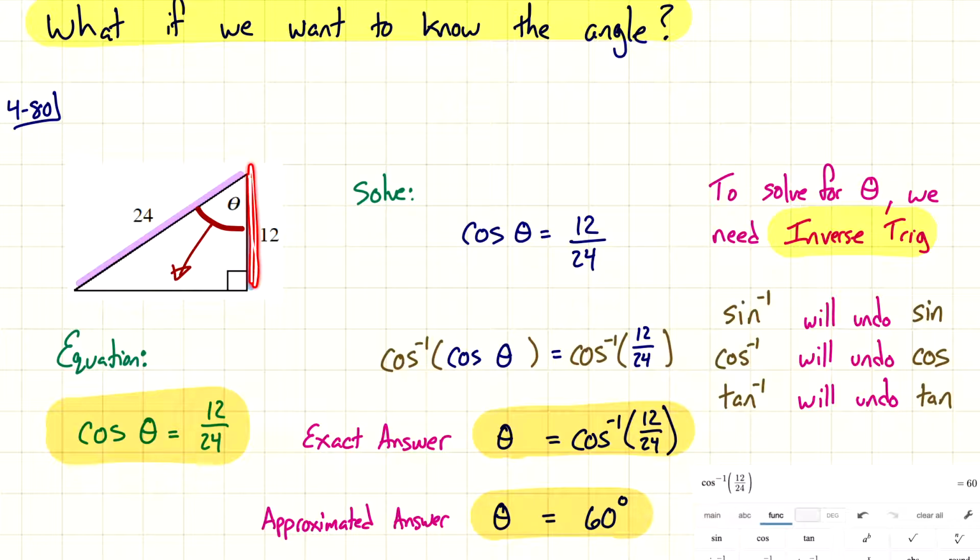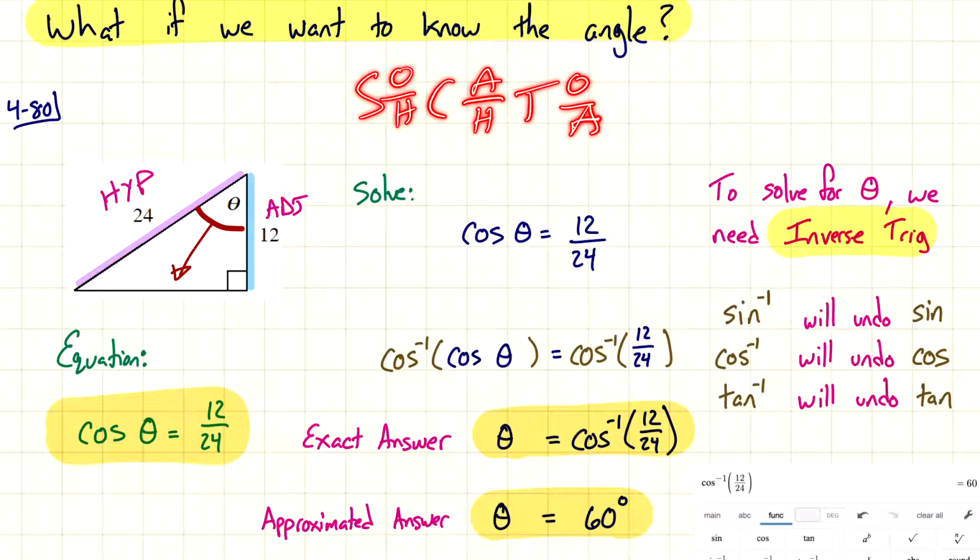That would make this side with 12 our adjacent. And that would also make this number 24 the hypotenuse. Since I have adjacent and hypotenuse, if I think about my SOHCAHTOA, the only one that has adjacent and hypotenuse is cosine. So that's how I know which one to use.